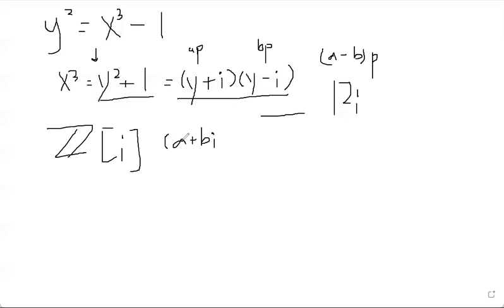If you take a plus bi times c plus di, then the norm of the resulting number will be the same as the product of the norms of a plus bi and c plus di. So in some sense, it's a certain integer that is very intrinsically connected to these numbers, and it's basically just equal to a squared plus b squared.